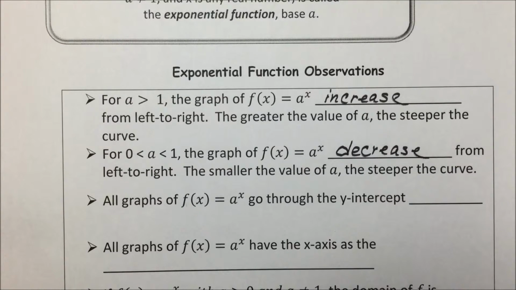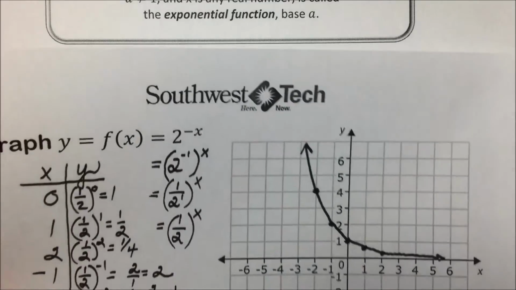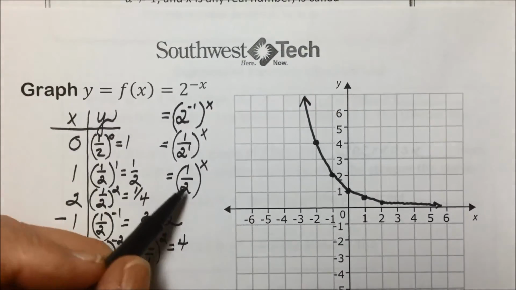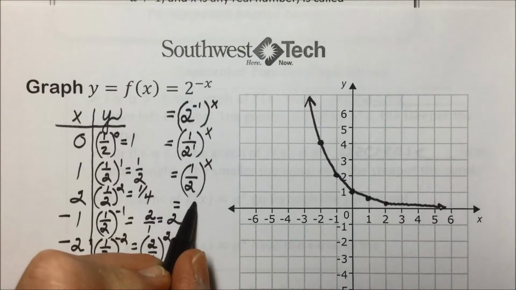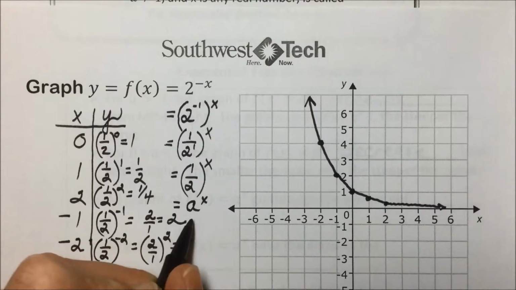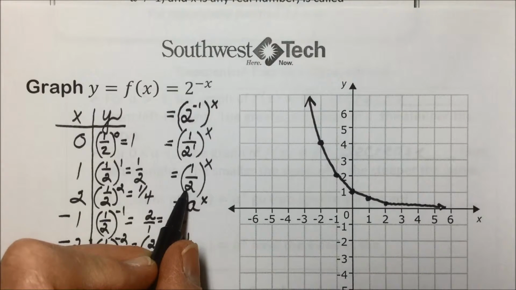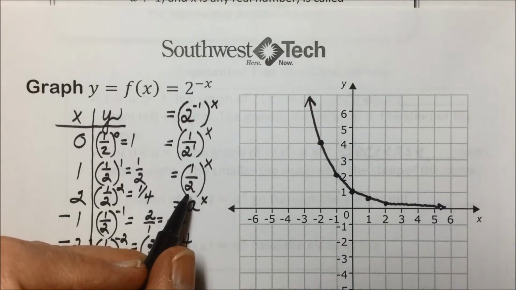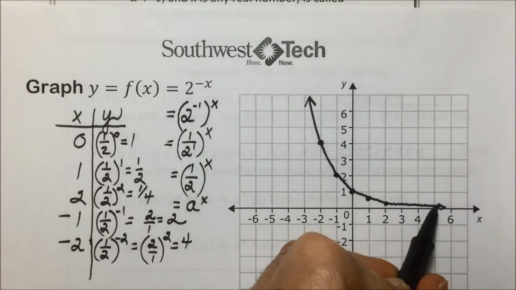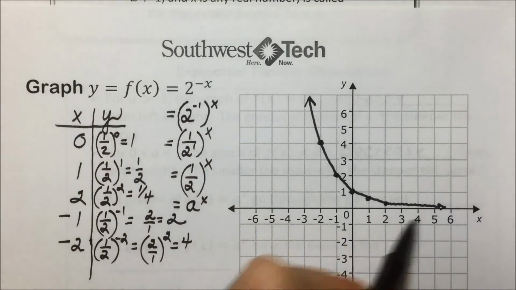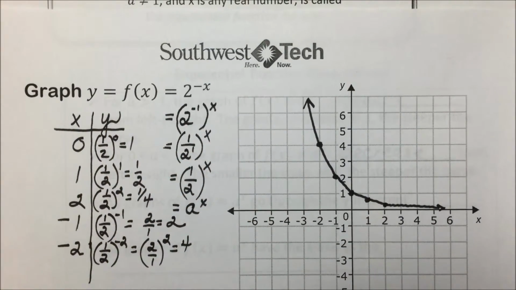And we only saw one example, and here it is again. We were dealing with our a. If we compare this to the general form of an exponential function, the a was between 0 and 1, and notice it's saying that the graph decreases, has smaller values as we go from left to right.